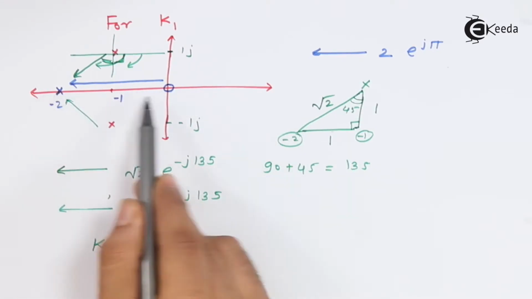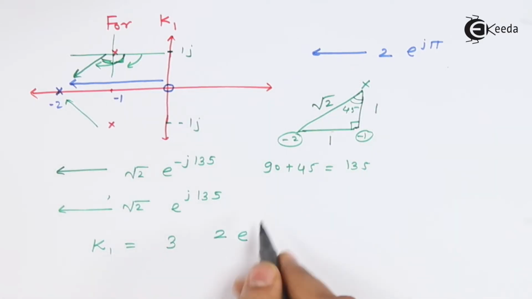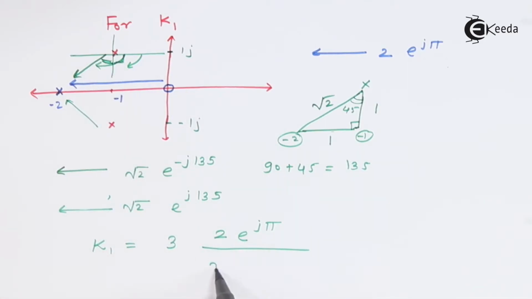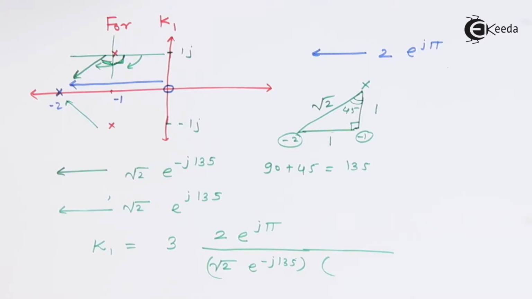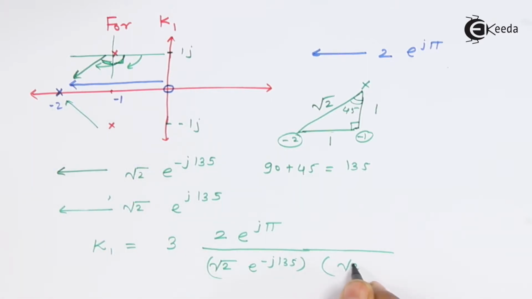So for the zero vector we have magnitude equal to 2 and angle e raised to j pi, that is 180, divided by the vector from the upper pole, root 2 into e raised to minus j135, multiplied by the vector from the downward pole, which is the same magnitude, root 2 into e raised to j135. They are multiplied because of the Heaviside formula.